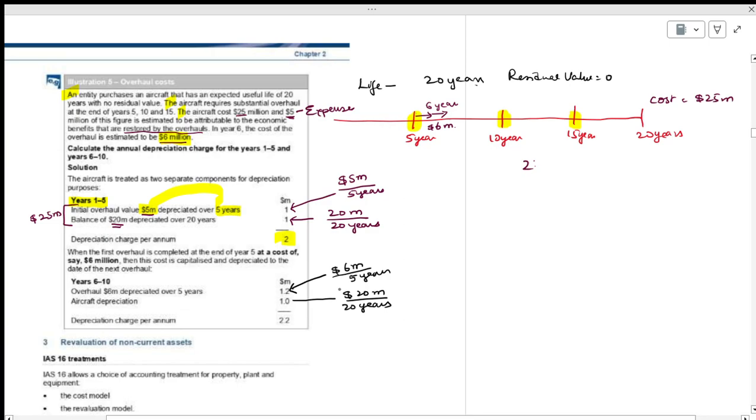Again, this 6 million has to be divided for how many years? 6 million should be divided for 5 years. How much will we get? 1.2. Depreciation is normal; depreciation we are not going to change. The depreciation per annum is nothing but this plus this.